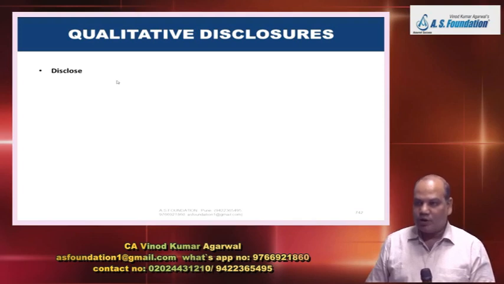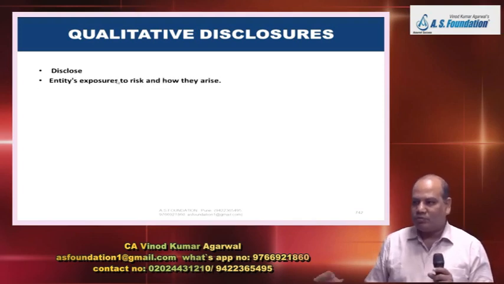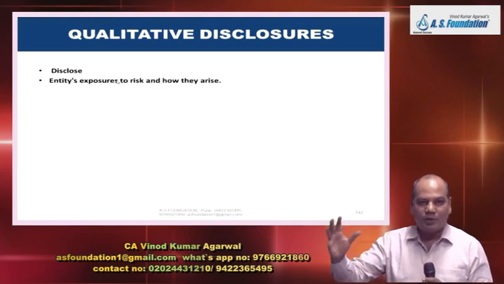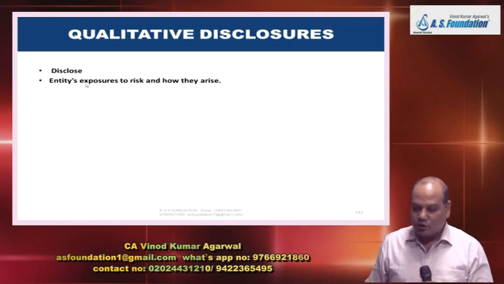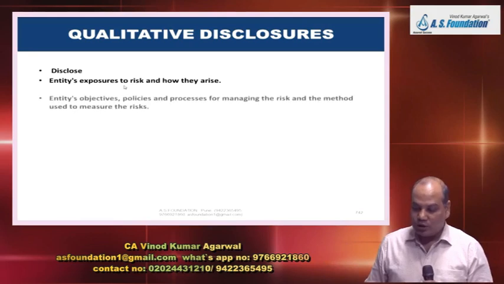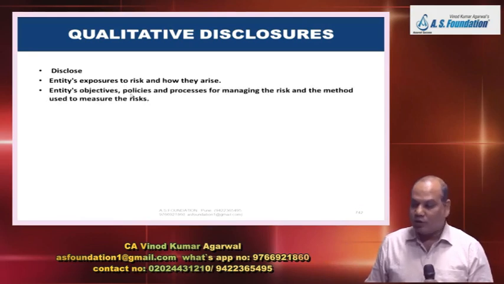So qualitative means narrative disclosures using long paragraphs, explanations, like you will disclose entity's exposure to risk, how they arise, entity's objective, policy and process for managing the risk and the method used to measure the risk. So these two you will disclose.